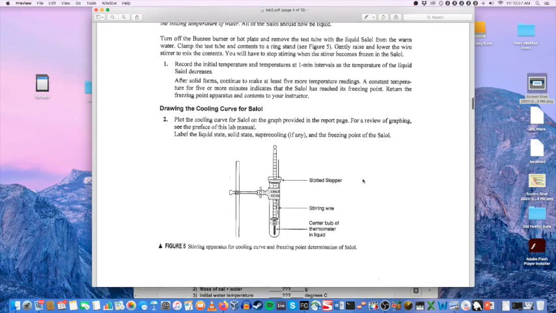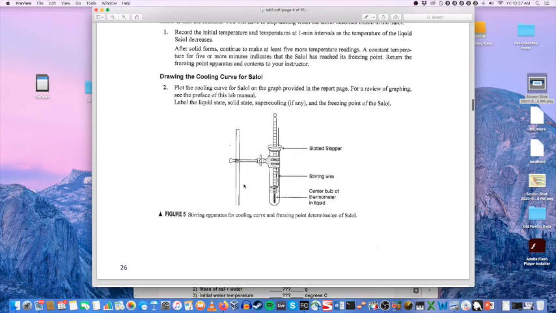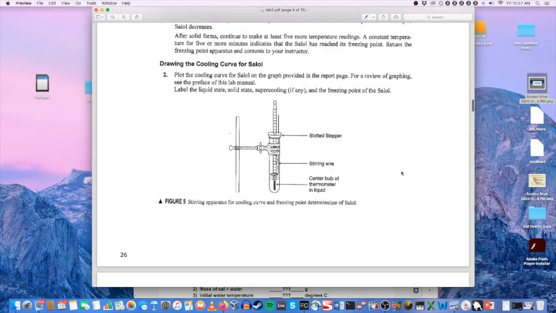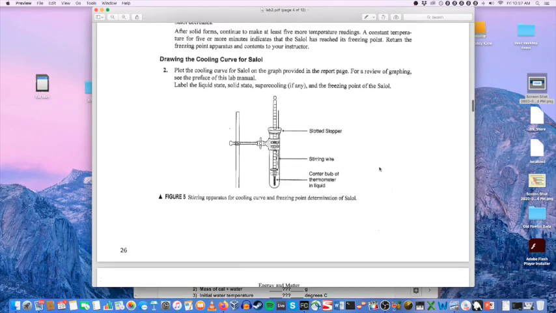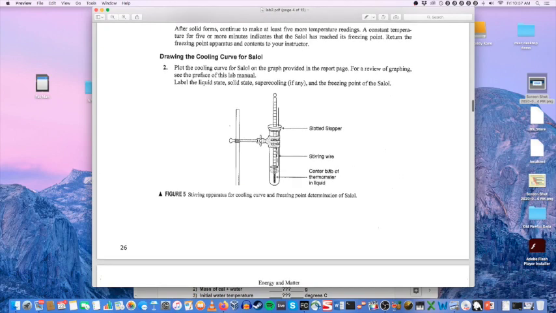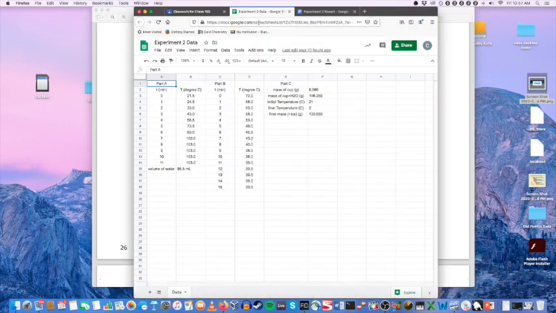So now on to part B. This is a picture of the apparatus, but you'll see the actual apparatus. Now, plotting the cooling curve for salol is basically the same process, except the data will be going in the opposite direction. So, back to the Google Sheet. Part B here, there's a time in minutes.